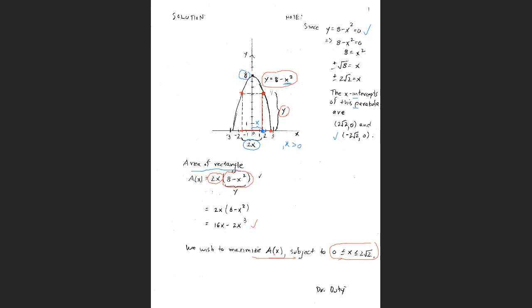The height would be this point right here. Its y coordinate would be the height. And that point is on the parabola, and the equation of the parabola is y equals 8 minus x squared.